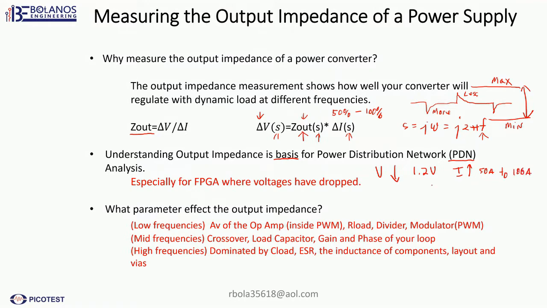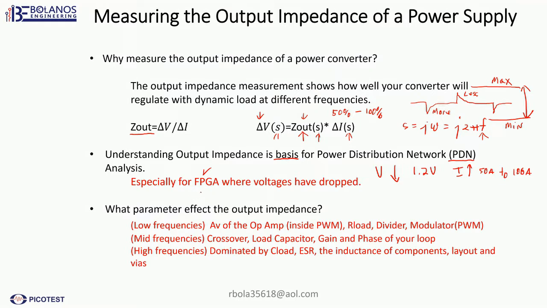And typically these are applications where you use FPGAs. So knowing how to measure the output impedance is very important, because not only do you need to measure the output impedance of your converter, now you have to measure the impedance all the way up to your FPGA.